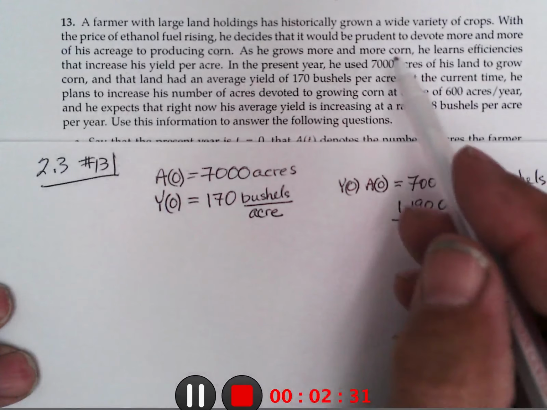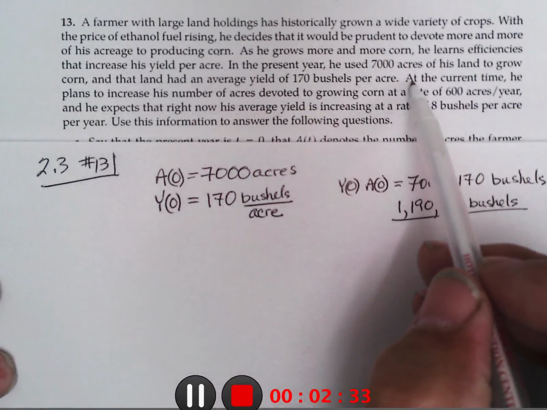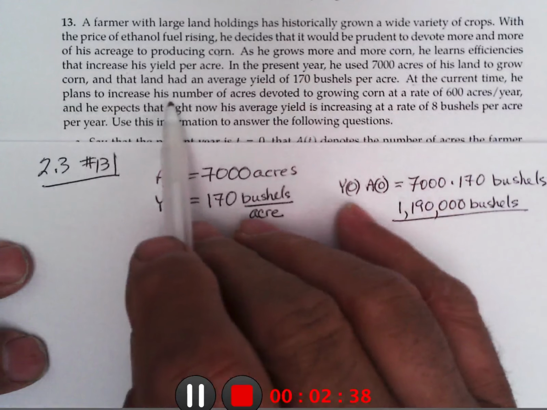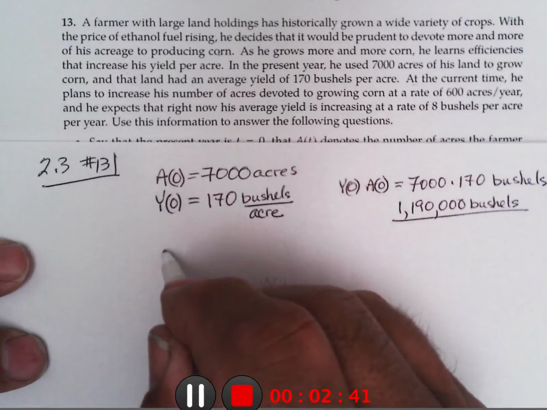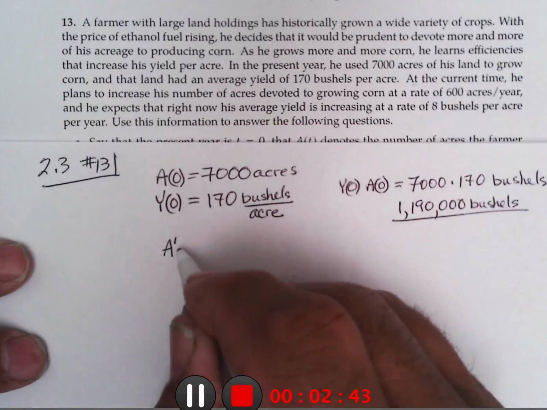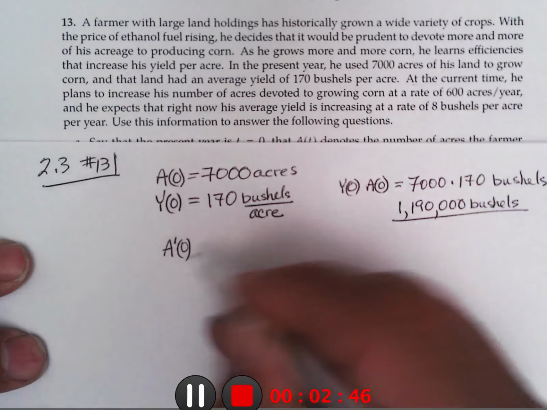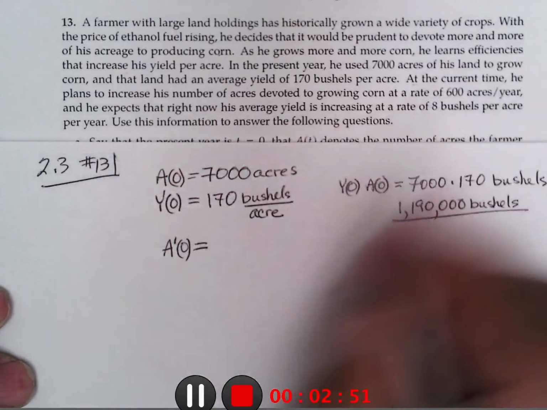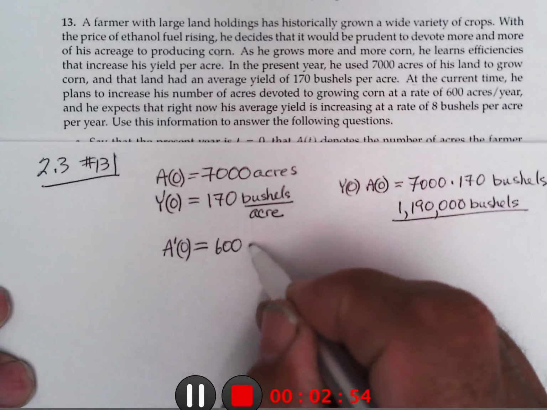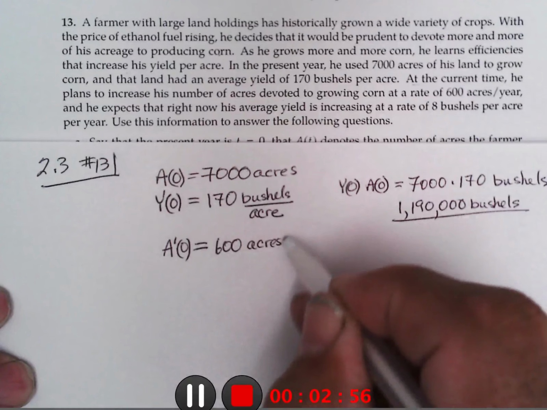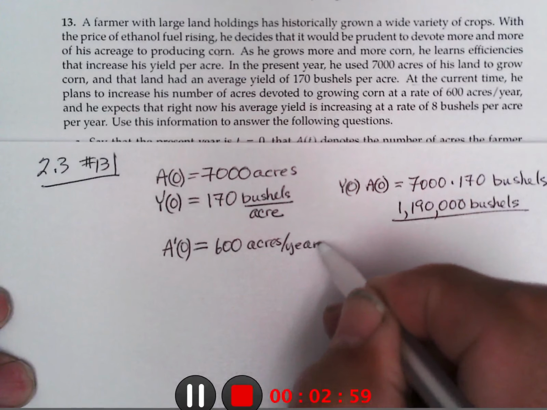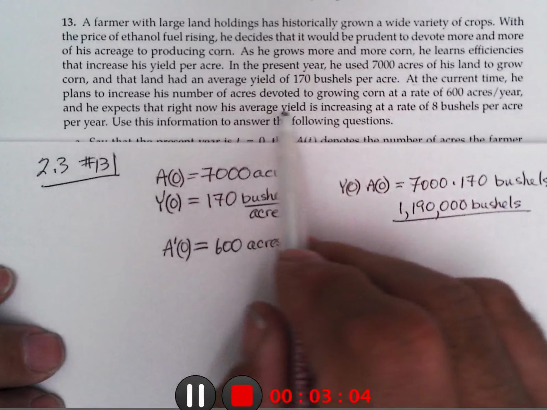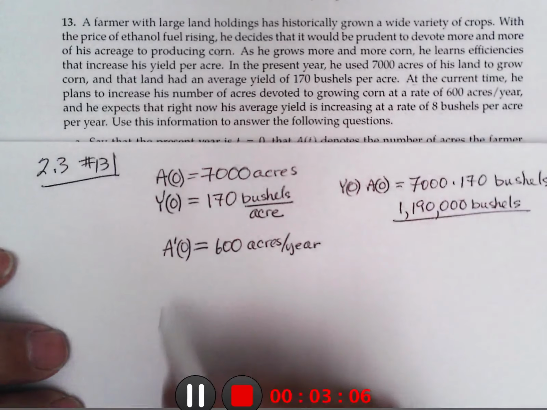What else did they tell us? At the current time, he plans to increase the number of acres. So right now, they increase the acreage, so this will be A prime at zero, because it's right now. He plans to increase the number of acres by 600 acres per year. And he expects that right now his average yield is increasing because of what he's doing.